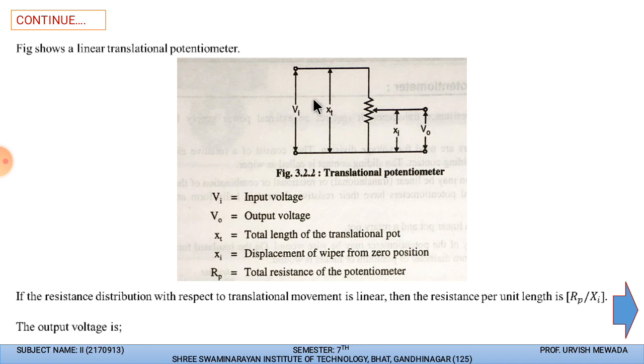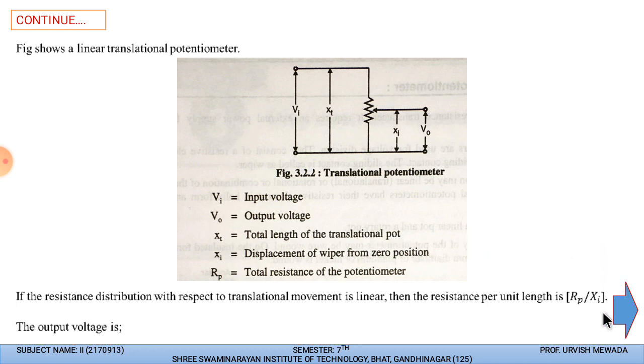Xt is the length of the translation pot, Xi is the displacement of the wiper from the zero position, and Rp is the total resistance of the potentiometer. If the resistance distribution with respect to translation movement is linear, the resistance per unit length is Rp upon Xt.